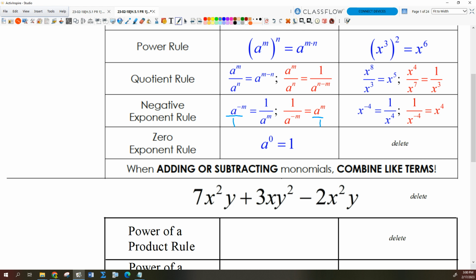A negative exponent in one part of a fraction, by part I mean top or bottom, is equivalent to a positive exponent in the other part of the fraction, right? So if I have x to the negative fourth over 1, the x to the negative fourth in the top would equal a positive x to the fourth in the bottom.